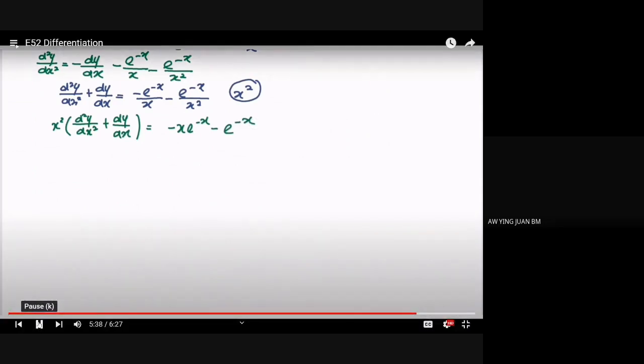If we factor out, we will have negative e to the power negative x bracket x plus 1 for the right hand side. So kindly rearrange to fulfill the situation. Finally, we have x squared bracket second derivative plus the first derivative, plus e to the power negative x bracket x plus 1 equals 0.